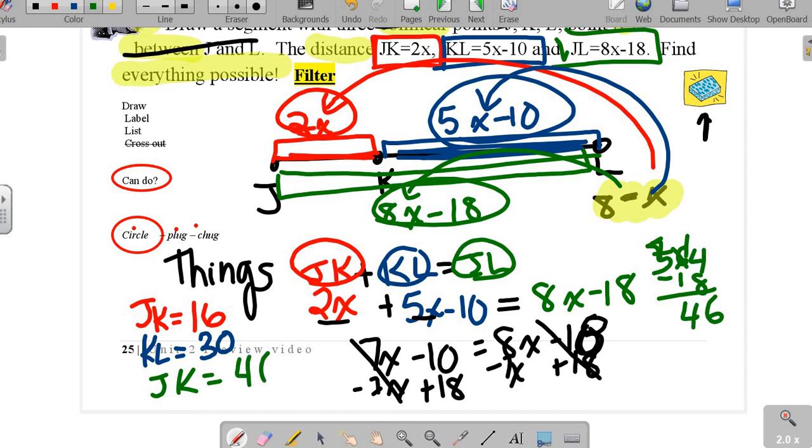And you get 46. And you just check your work. Does 16 plus 30 equal 46? And the answer is yes. Now you have found everything possible.